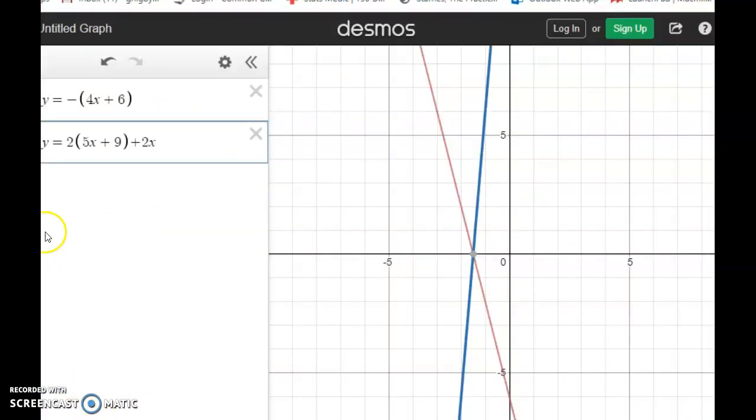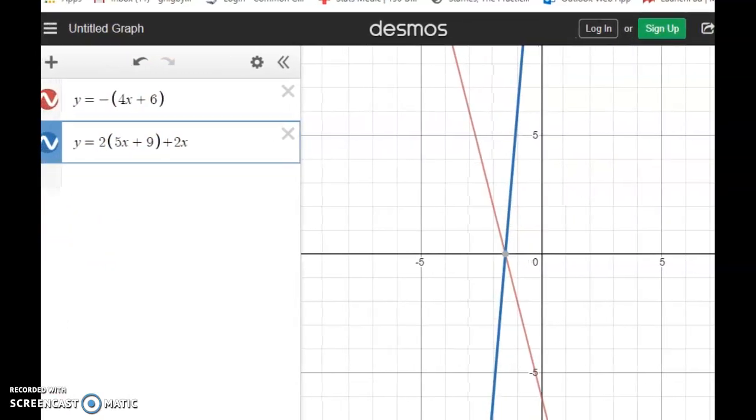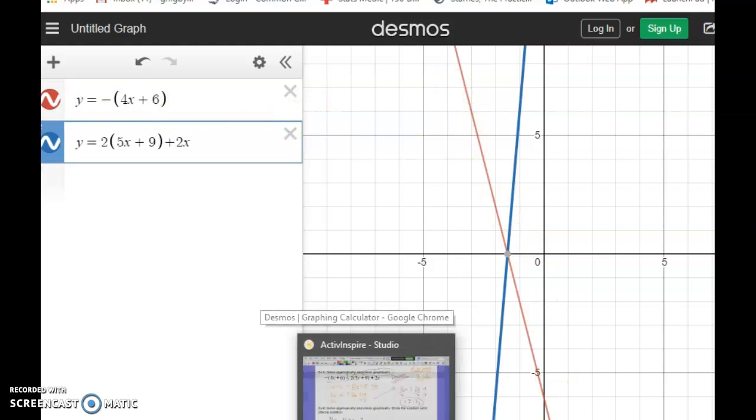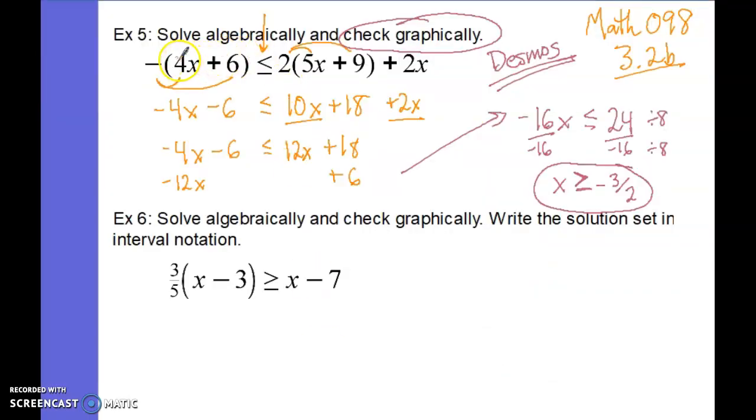So I tried to save you some time, and I went ahead and just graphed the two equations exactly how they look. Notice that the top equation is red, and if I go back to the problem, remember I wanted where the red equation is less than.